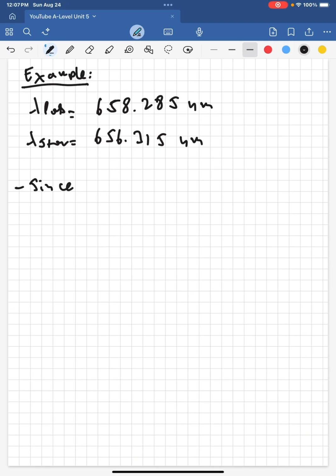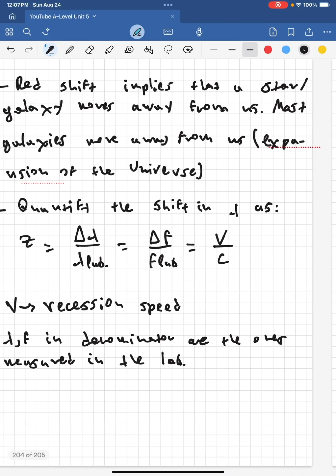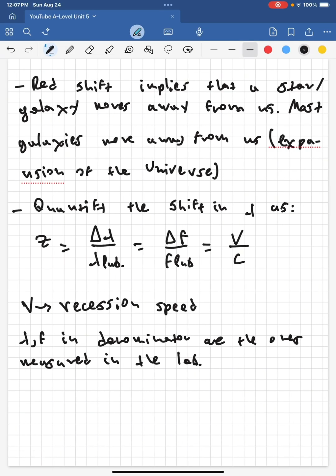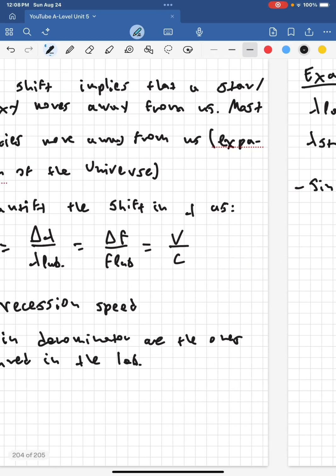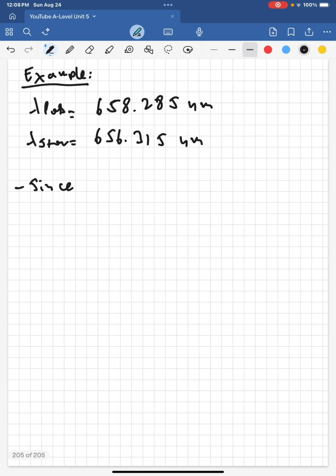The first observation when dealing with these problems: we talked about delta lambda, but we didn't specify which we put first, the lambda of the star or the lambda in the lab. So let's talk about that. Since here the lambda of the star is larger than the lambda in the lab, the star moves away from us.